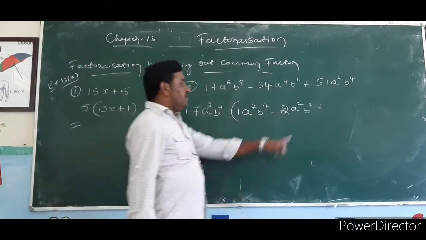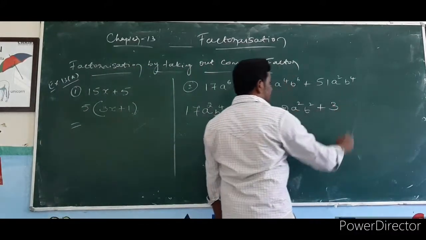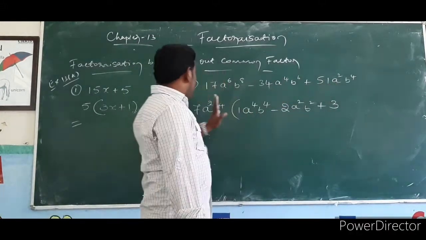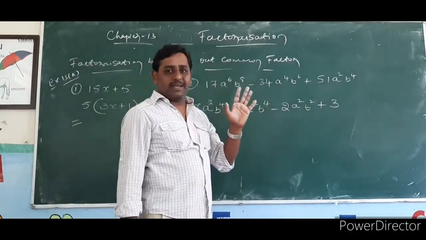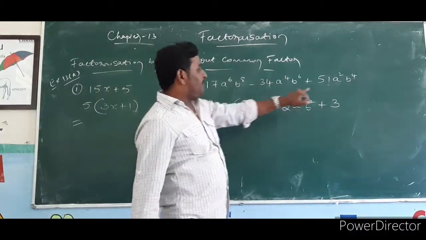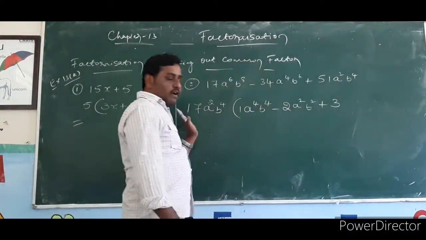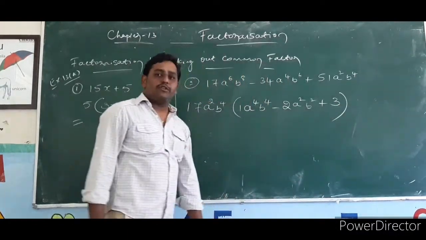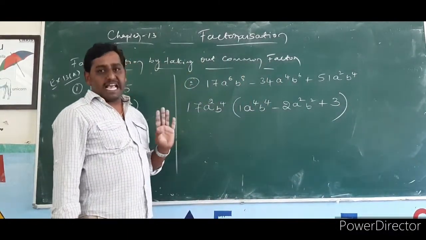Plus 51 goes by 17, 3 times. 17 3s are 51. Here a to the power of 2 we are taking outside, no a's are remaining. b to the power of 4 we are taking outside, so nothing is remaining. It is enough. Then you can close the bracket and write the answer as it is.